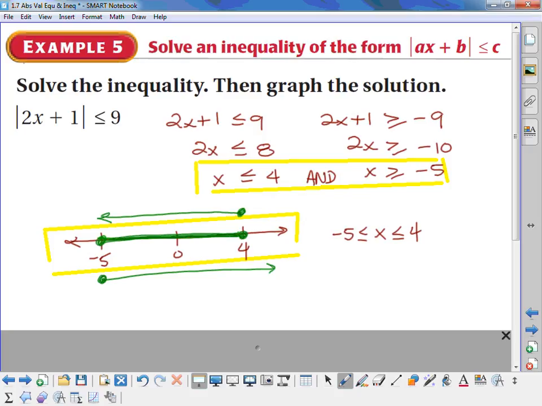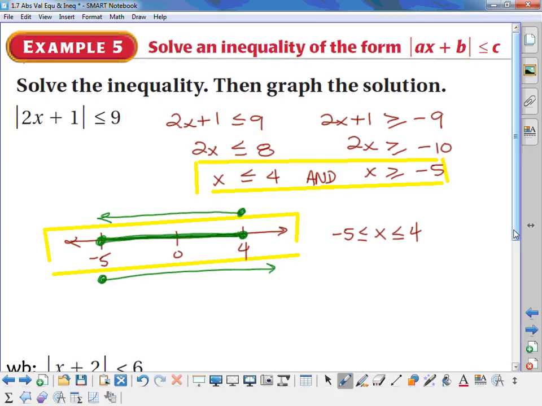Okay, so that means the same thing: negative 5 is less than or equal to x, which is less than or equal to 4. In other words, x is between negative 5 and 4. Okay? Alrighty. For you guys.